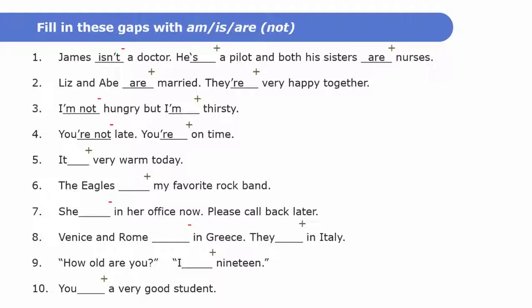Number 5, it's very warm today. Number 6, the Eagles are my favorite rock band. Number 7, she's not in her office now, please call back later. Number 8, Venice and Rome aren't in Greece, they're in Italy.